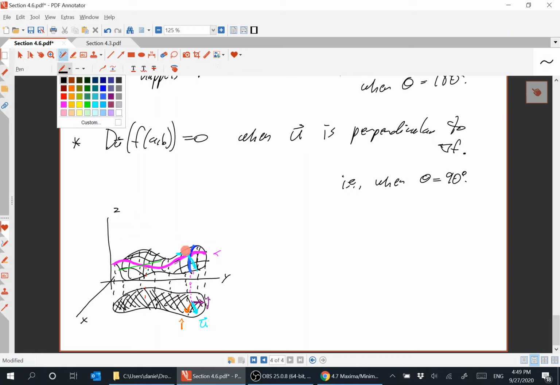So you have this tangent plane around that point of tangency. Maybe I should leave those lines in there.